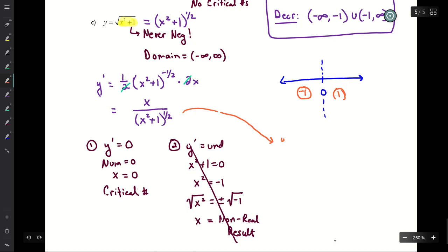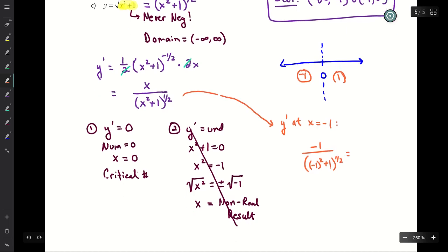So let's say we do y prime specifically at x equals negative 1. Doing that, we're going to have a negative 1 in the top, and then down here, be careful on grouping. It'll be negative 1 squared plus 1, and then all to the 1/2. Remember, all we care about are signs.